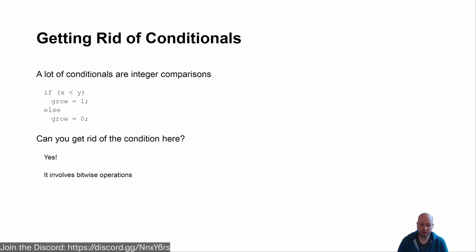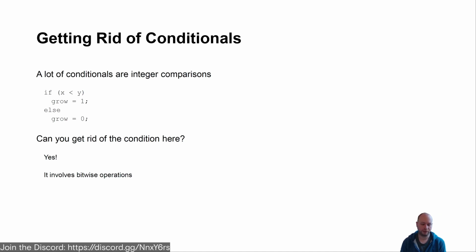In a way, that is basically like having an operator, right? So if x is less than y, do equals 1, otherwise 0. A very simple way to do this, just by way of getting rid of the if, though it won't actually get rid of the conditional, it depends on your architecture, is to literally say grow equals x less than y.